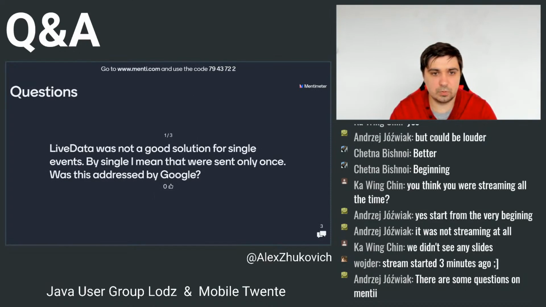LiveData was not a good solution for single events. By single, I mean events that are sent only once. Was this addressed by Google? As far as I know, it wasn't addressed by Google. However, you can easily find a snippet of code which Google recommends to use for single events. This was a problem: if you want to send something only once, you shouldn't use LiveData.